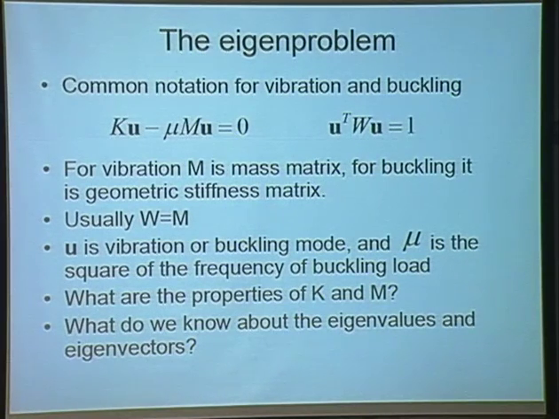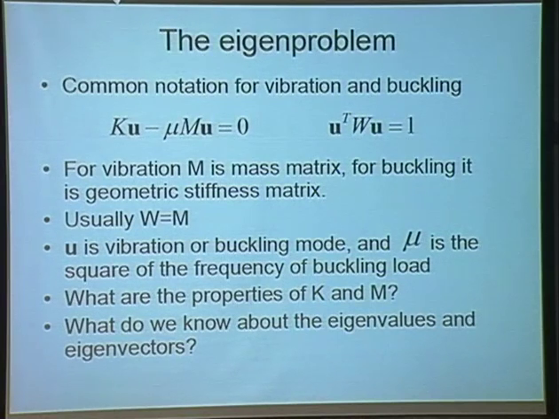That is, if a certain shape is a vibration mode, 7 times that shape is also a vibration mode. So you typically have some normalization condition, and it's either in this form or you say the largest component of that eigenvector is 1. These are the two most common.